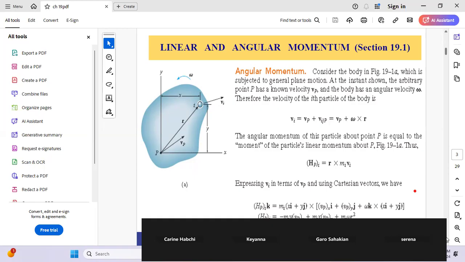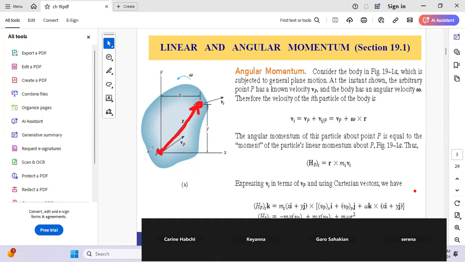We know that for a particle, the angular momentum about a point P is simply r, the position vector, cross the linear momentum. By definition, the angular momentum of a particle is the moment of the linear momentum about the point of interest.